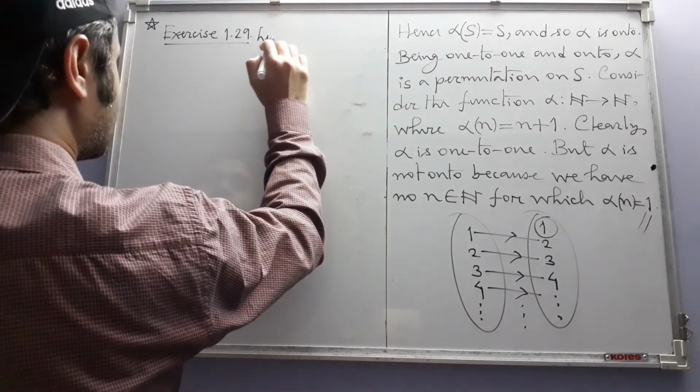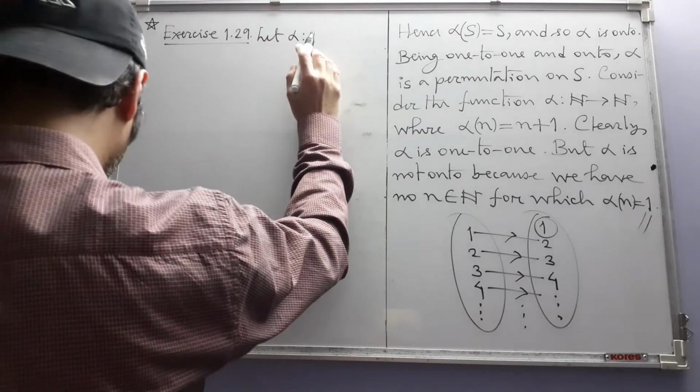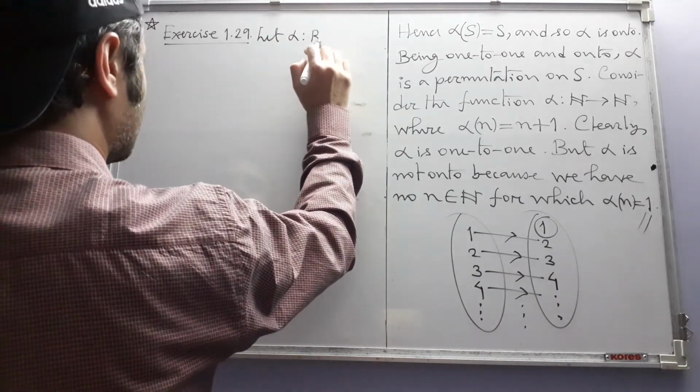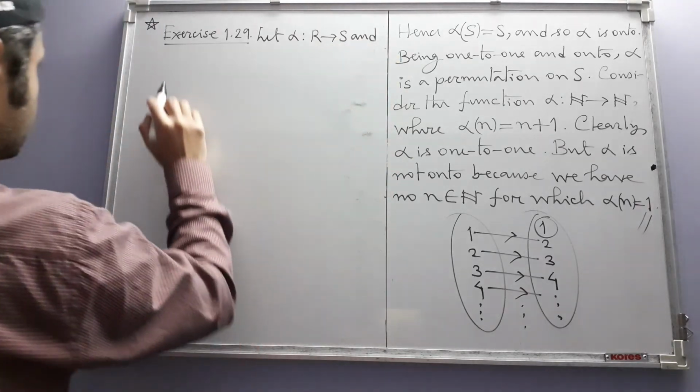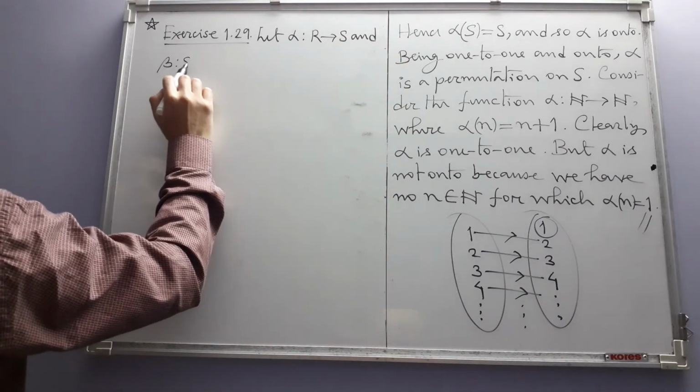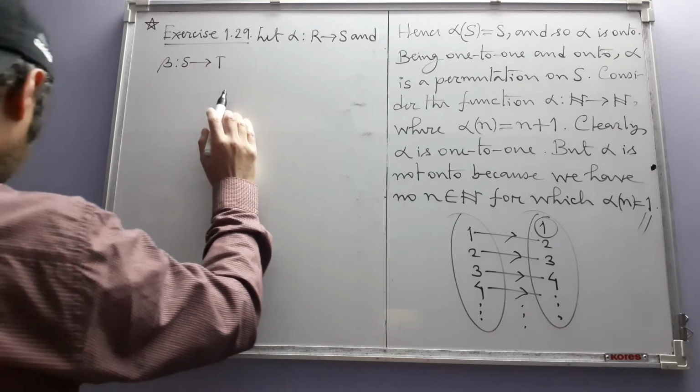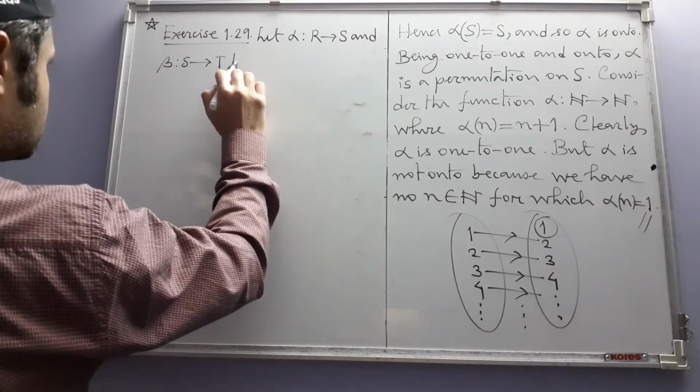Let alpha from R into S and beta from S into T be functions.